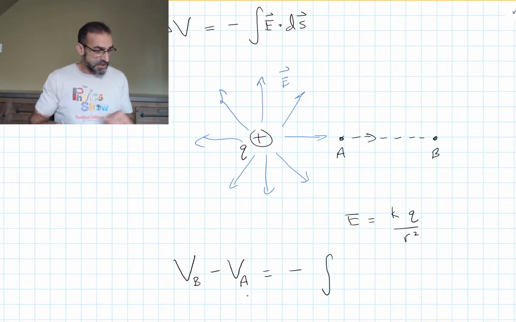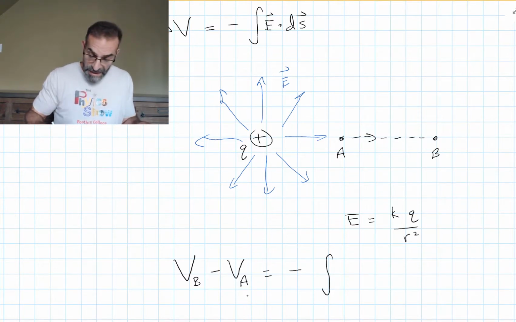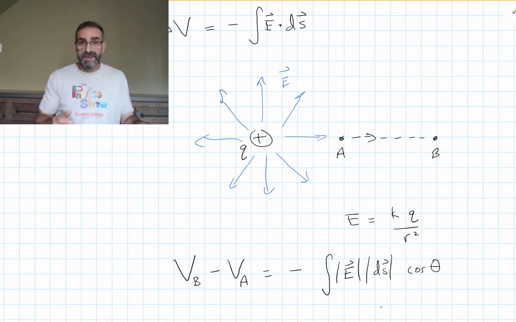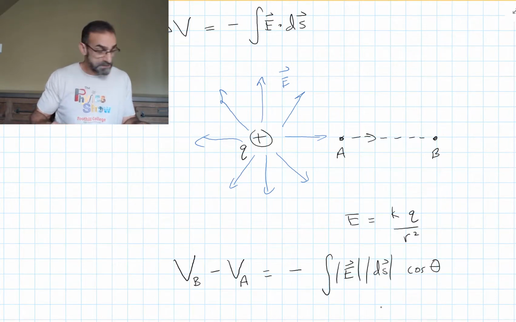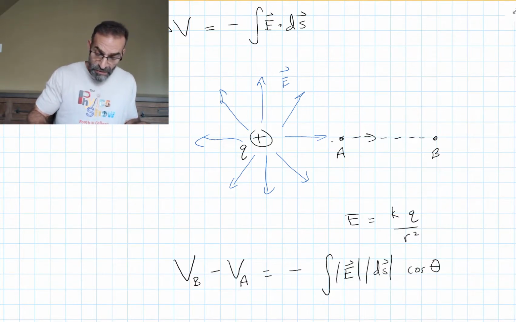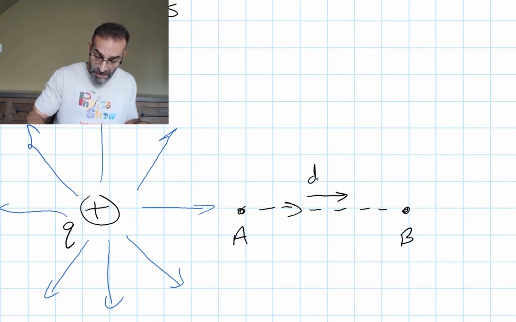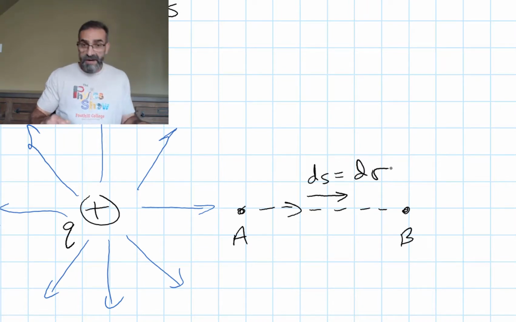Final minus initial on my potentials is equal to negative the integral of E dot ds. So that's going to be the magnitude of my electric field, the magnitude of ds, and the cosine of the angle you get when you put their tails together. In this case, we're moving from A to B. So my ds is just equal to dr. I'm moving out in the radial direction.